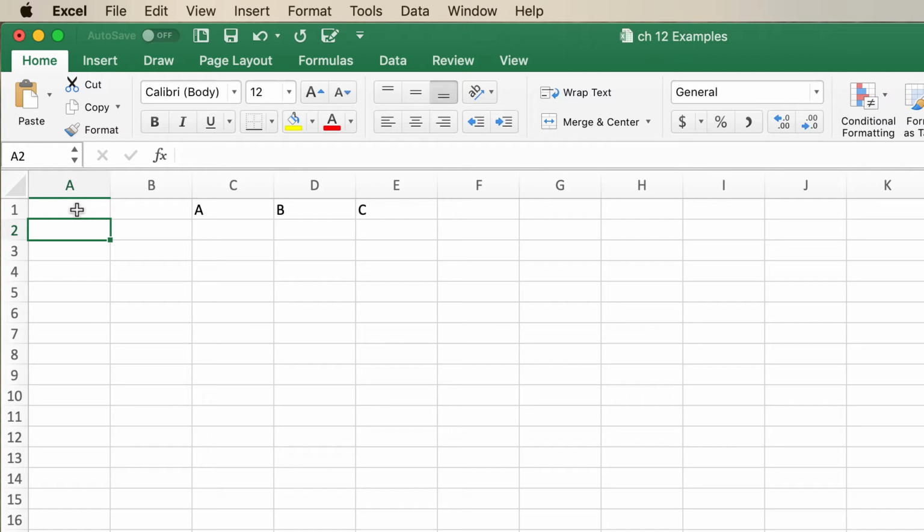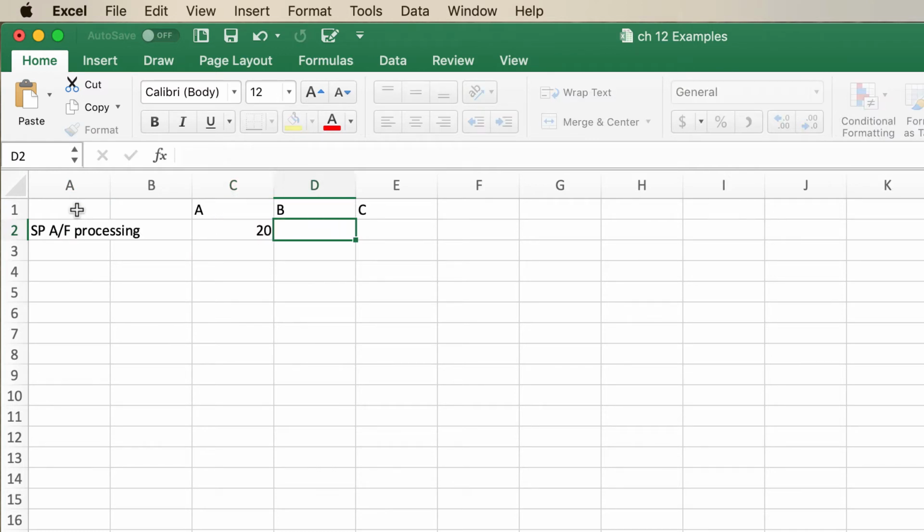So we're going to start off with the selling price after additional processing, and that's $20 for product A, $13 for product B, and $32 for product C. Then we need to account for the selling price at the split off point. So we'll say SP at split off.